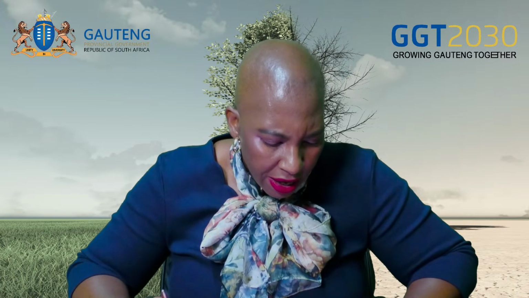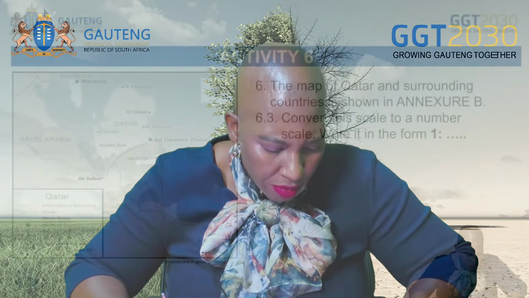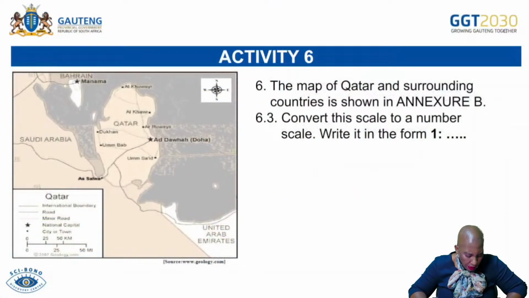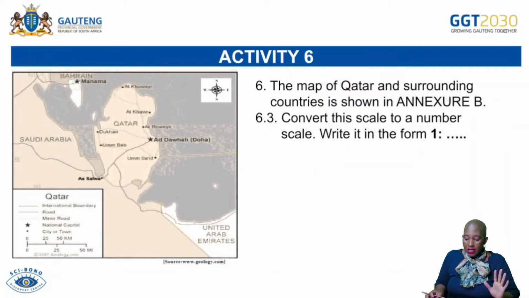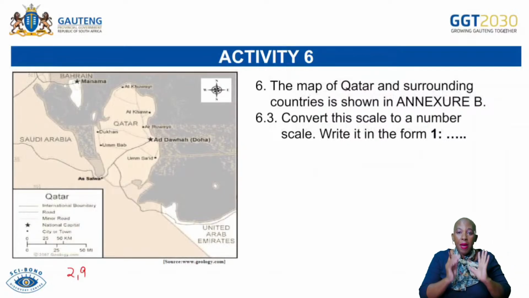When I measure from 0, there you go. I hope you can see, but when I was doing this calculation, I measured 2,9 for this bar. Remember, it depends on the ruler that you are using.